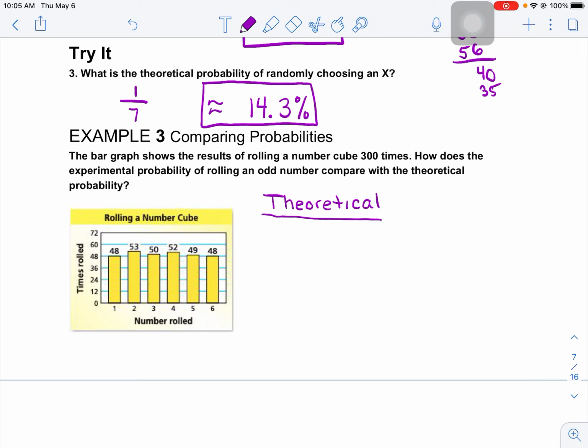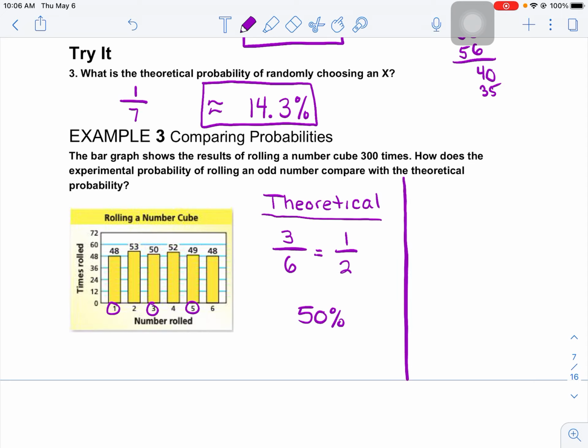All right, so theoretically, rolling an odd number, there are 3 options. You can roll a 1, a 3, or a 5. So you have 3 options out of 6, right, because there's 6 sides, which would simplify to 1/2, or 50%.